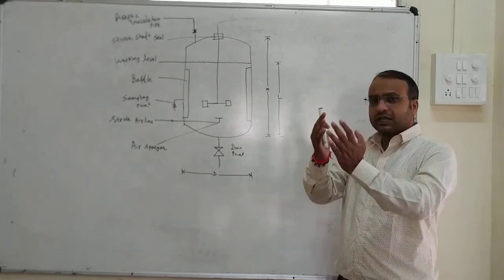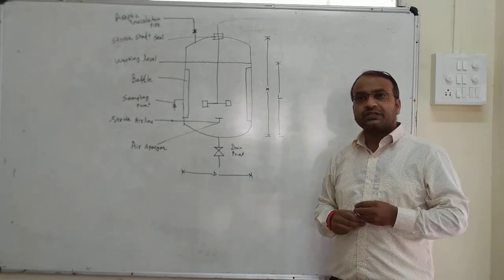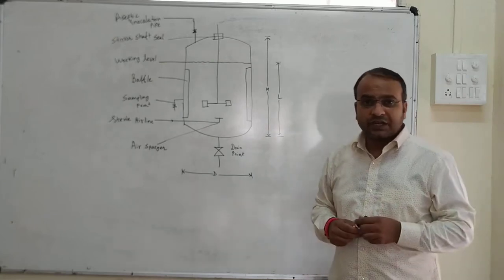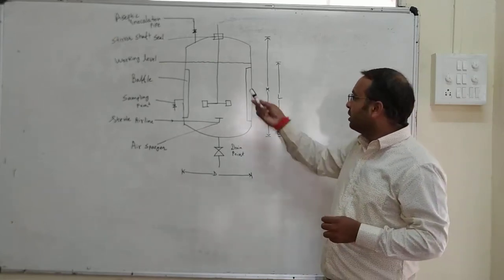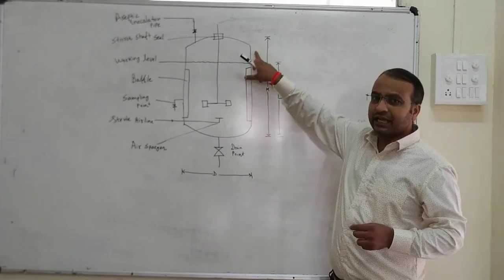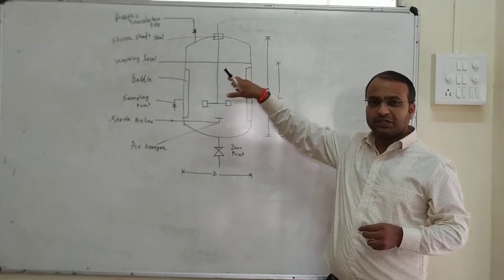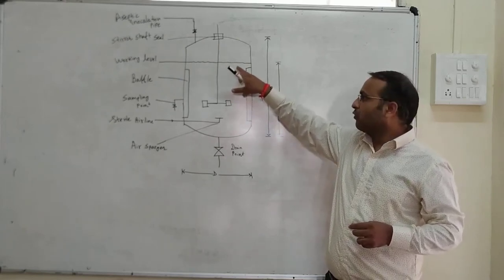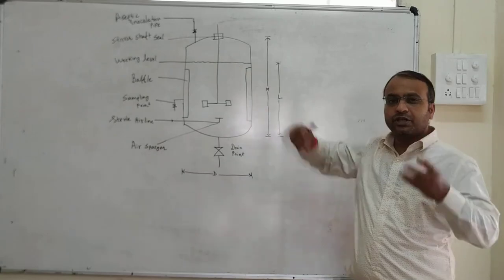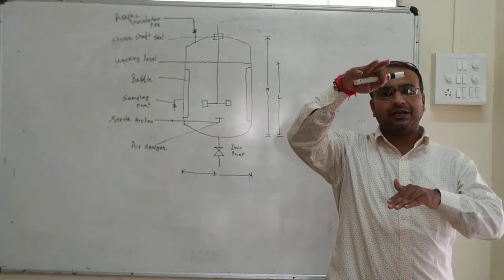Basically this is a circular body, generally made up of glass or SS, stainless steel. H is the total height of the reactor. Then obviously we put the fermentation broth, the culture media, in this. Generally we are working at the flask level, and we do not fill the flask completely, right?